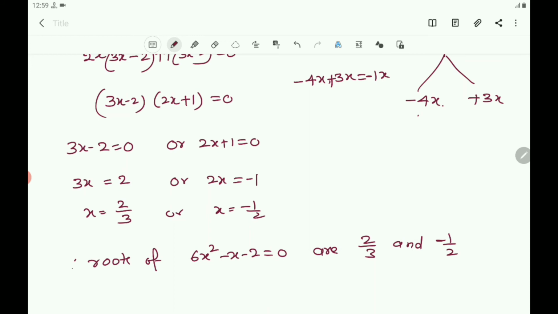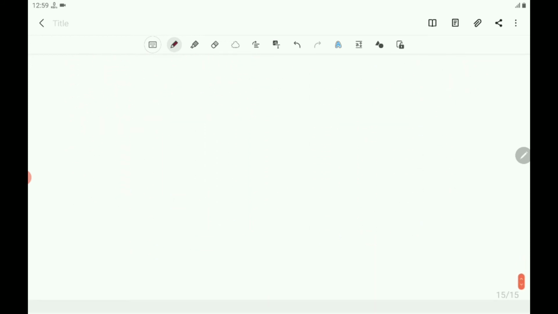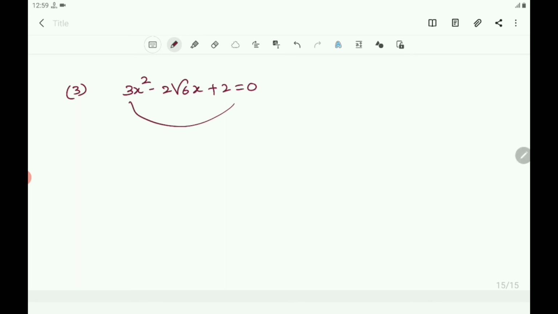Now one more example you take, that is the third one, 3x square minus 2 root 6x plus 2 equals 0. Then here the product of the terms PQ, take.